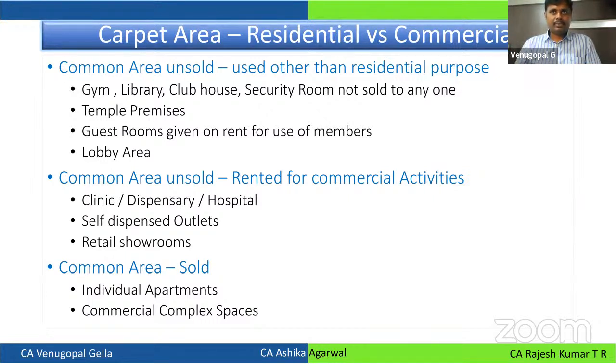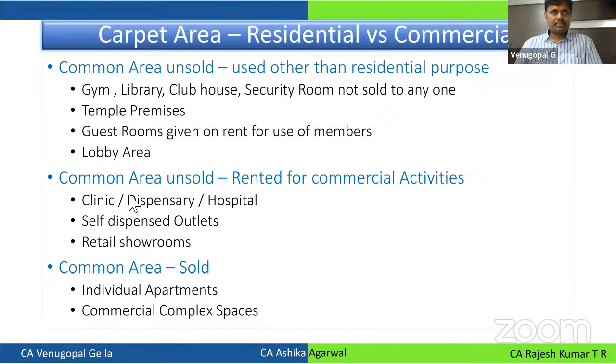Vinay, I do have two questions for you. Question number one is, say my approval plan says residential is so much, commercial is so much, what was originally sanctioned to me. I'm a decent developer, I will follow it. I'm an indecent developer, I can make the residential portion commercial and sell it as commercial.